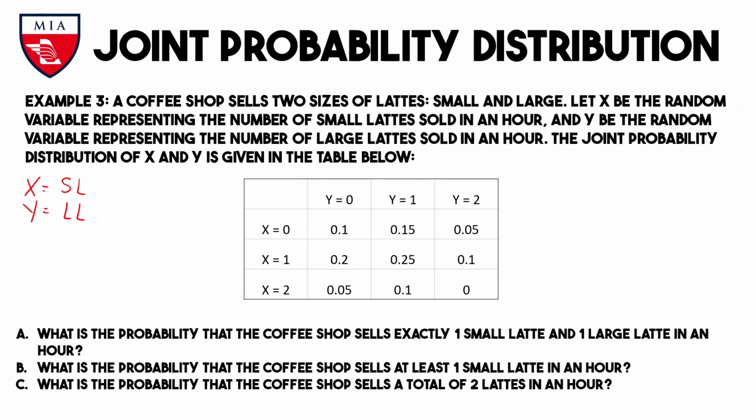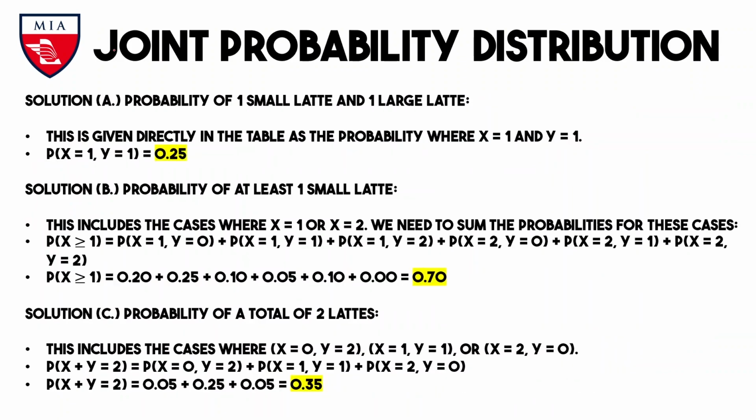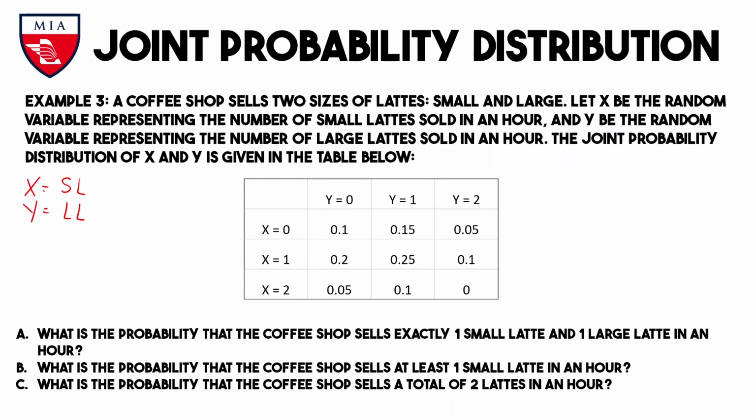For solution A, what is the probability of one small latte and one large latte? This is given directly in the table where x is 1 and y is 1. We need to find the intersection where x is 1 and y is 1.